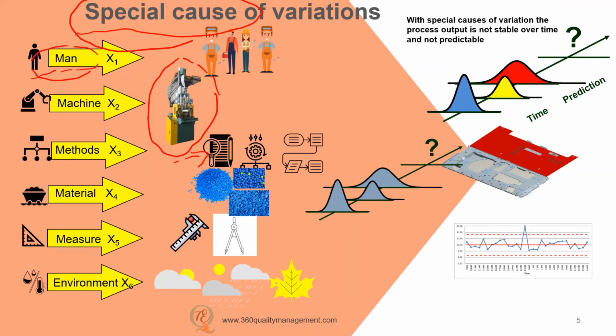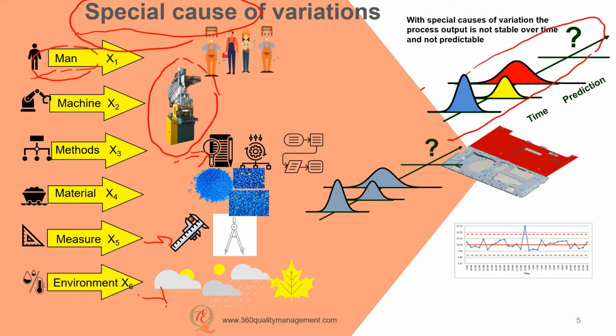The material itself, there could be a new batch of material, or the supplier is giving materials that come with special cause variations, or there could be also a new vendor that is not qualified, and the measurement process, the environment which is out of control. All these variations are unpredictable, and they are not stable over time.